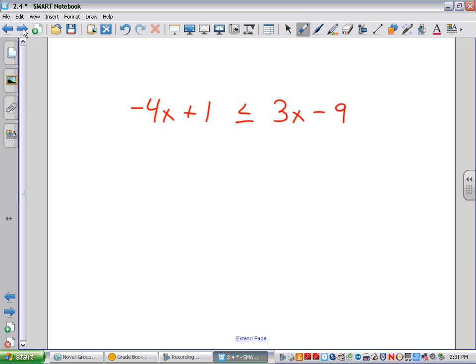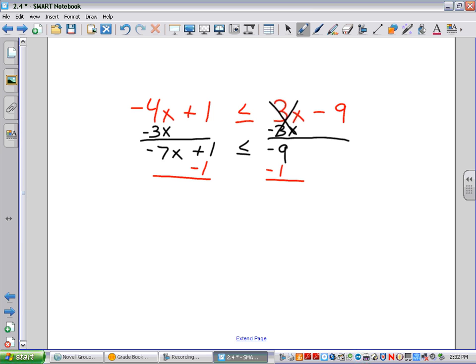For this one, I would start off by subtracting 3x. That would give me negative 7x plus 1. Less than or equal to, mark those out, negative 9. Then I would subtract 1 from both sides. My opposites can be marked out.